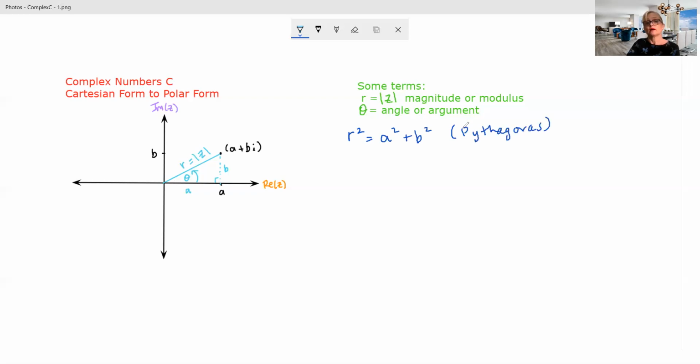It's perfectly okay to just take the positive square root there because we're talking about a length. Now, let's think about your theta. Tan of theta is your B on your A. So theta is inverse tan of B on A.